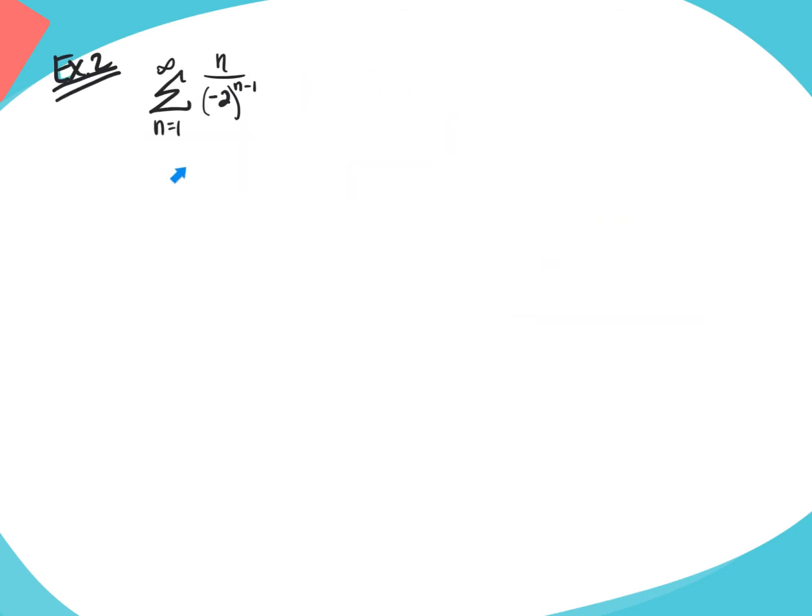This next example is a bit trickier. Notice it doesn't have the -1 factor. And so our first step will be to rewrite this so that we can isolate the alternating sign part of it. All right, so if we focus on this expression and ignore Orange Julius the cat, we will rewrite -2 as -1 times 2, and then we'll use the power of exponents where each factor gets raised to the n-1 power.